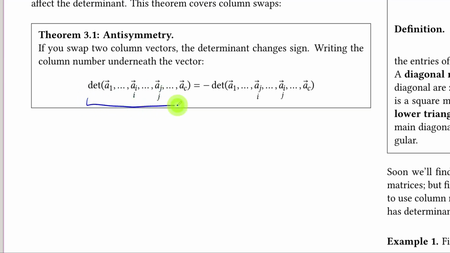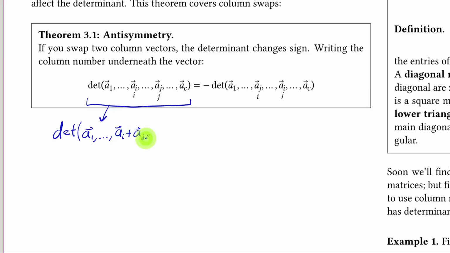But to prove that when you swap them, that makes the determinant the opposite, we're just going to start with this thing on the left, and we are going to do a column multiplication. We are going to replace column i with the sum of itself and column j.